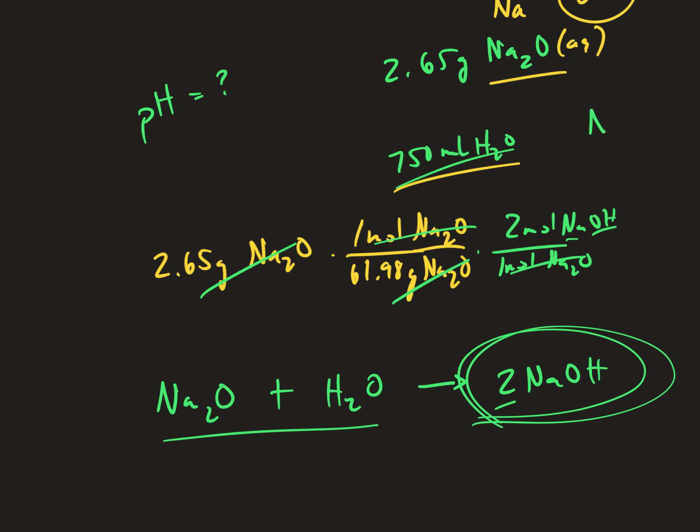Sodium hydroxide is just that, so it's just a 1-to-1 ratio. So this is moles, but we need to find the concentration of OH, right? So then we can find the pOH and go that method because we don't have H plus, right?